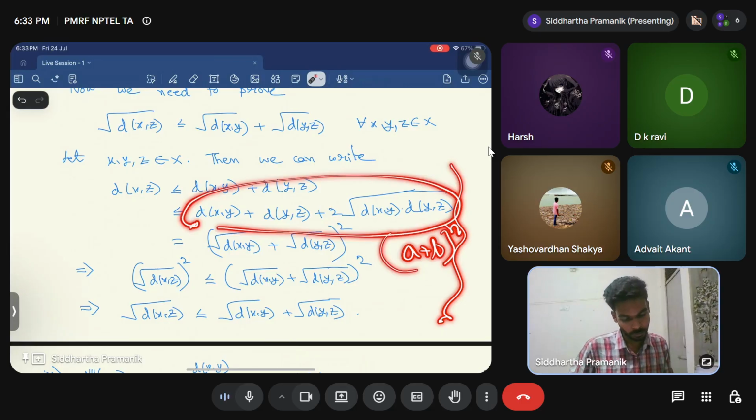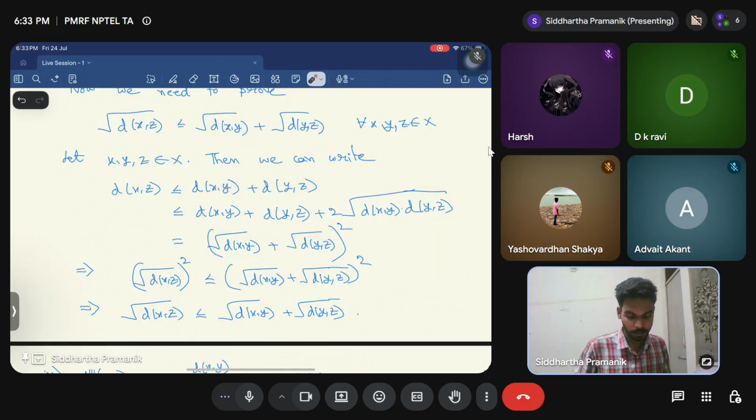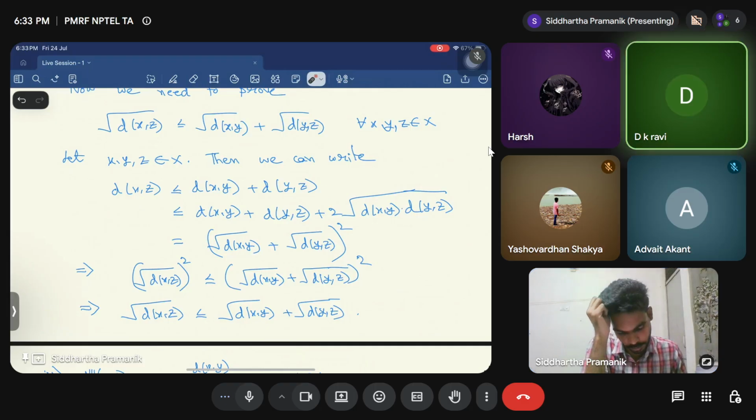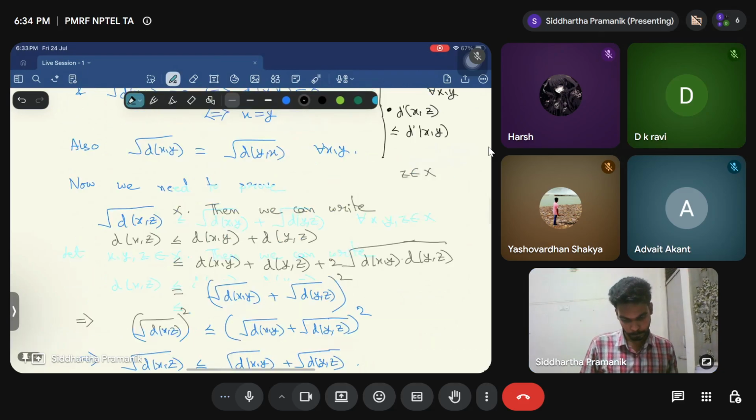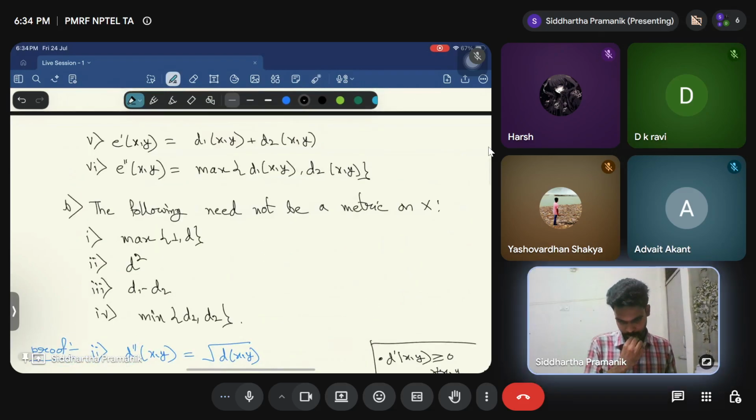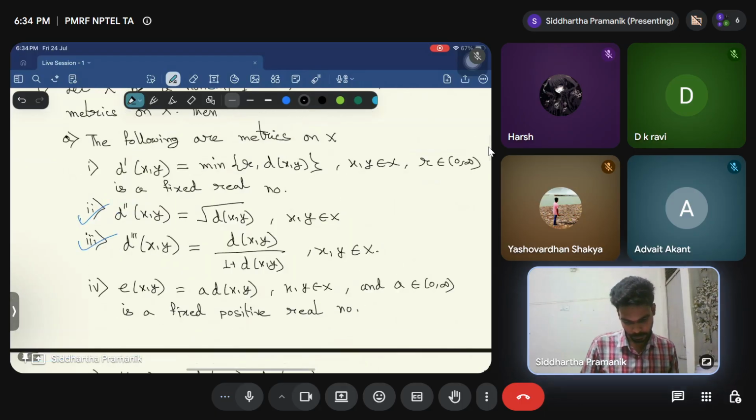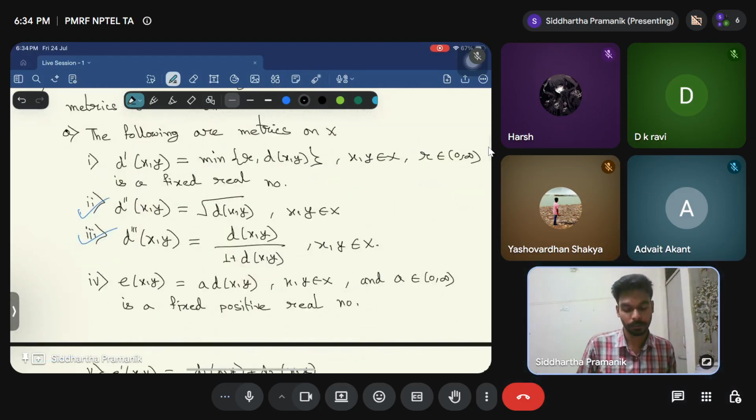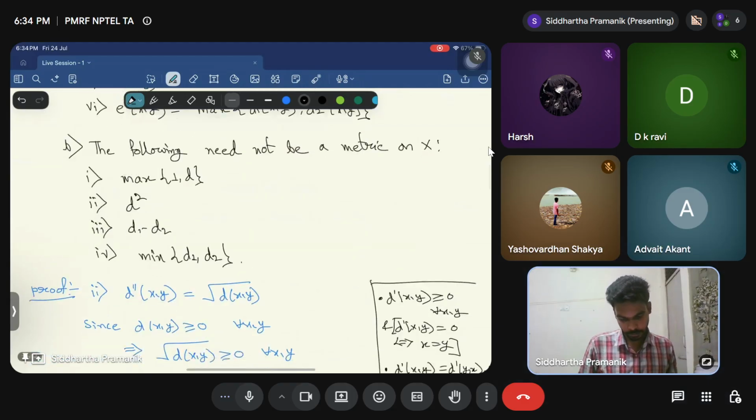If you use the other binomial formula, I think it will hold. So you just check the routine process, try to do the analogous calculations. Okay, sir. Yeah, that's a good observation, whether it will hold for other powers or not.